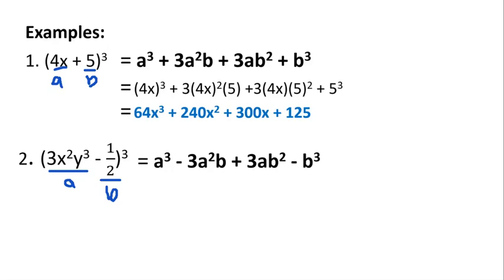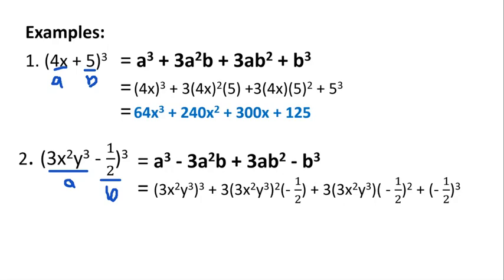The value of our a is 3x squared y cubed, so isa-substitute natin yan siya sa lahat ng values ni a, sa lahat ng a dito sa ating pattern. And the value of b is 1/2, so therefore, we will substitute it naman doon sa lahat ng b dito.